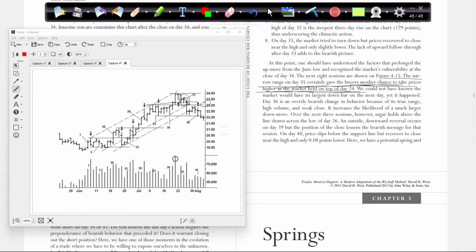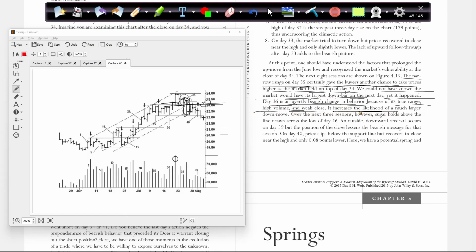We could not have known the market would have its largest down bar on the next day, yet it happened. Day 36 is an overtly bearish change in behavior because of its true range, high volume and weak close.